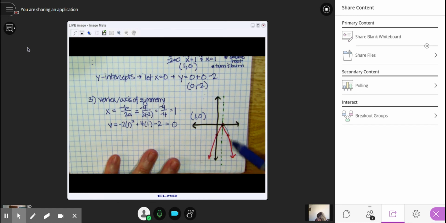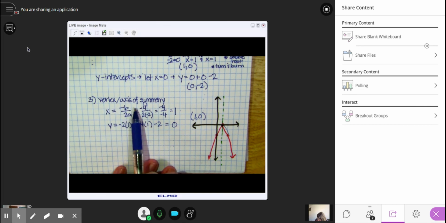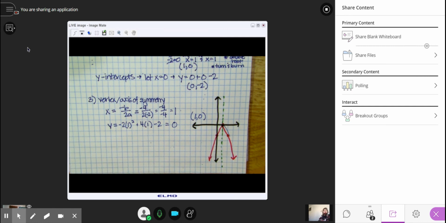Because it is a turn and burn, I would know through practice that that also makes it the vertex, because the only place a parabola turns is at the vertex. So that is super helpful there.